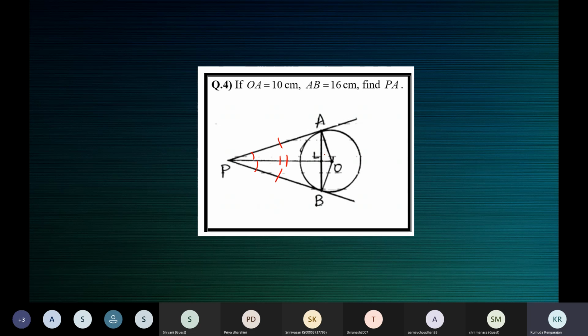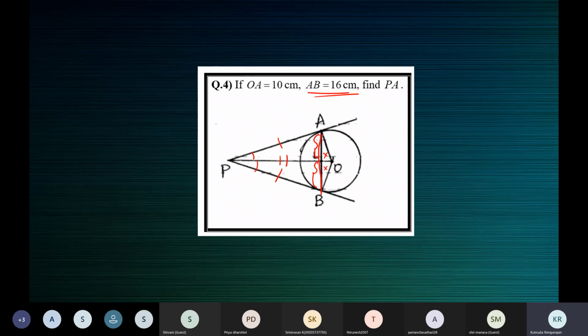Okay, so coming back to these two triangles. Since these two triangles are congruent to each other, by CPCTC AL is equal to BL. Now you can see here AB is 16.